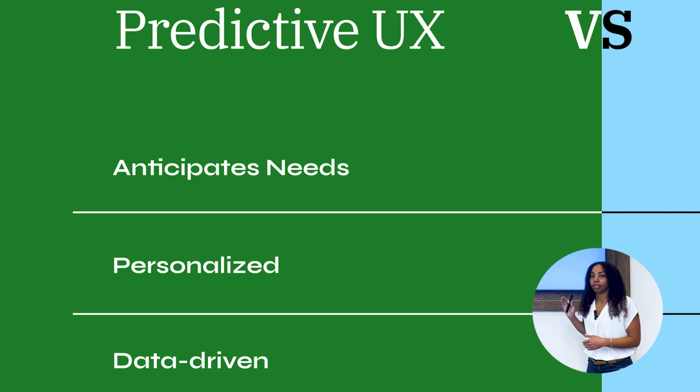So this is where it's highly personalized, right? My playlist on Spotify that's curated for me is not going to look like your playlist on Spotify, even though we're using the same application, right? That's an indicator of a personalized experience versus a non-personalized experience. It is also data driven.